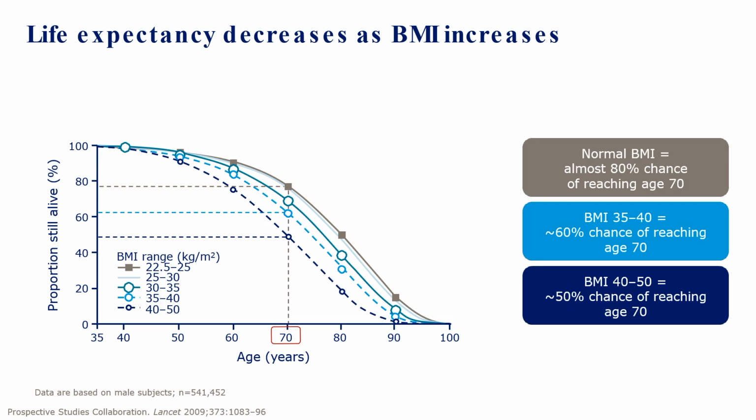If you look here in the light blue, then what you can see is if your BMI is between 35 and 40, you've got around a 60% chance of reaching the age of 70. Whereas if you've got a BMI of 40 to 50, so you're morbidly obese, then in fact your chance of actually reaching 70 is only around 50%. So there's a marked decrease in your life expectancy as your weight goes up.